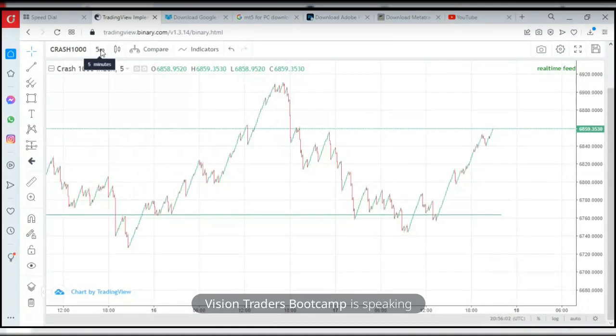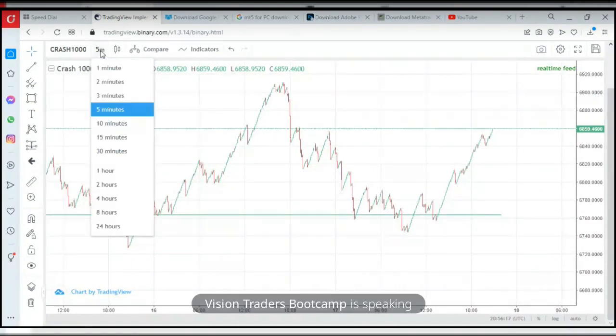So yesterday we were talking about break of structure on this Cash 1000, when we were explaining the structural points, that is the range and the structure. Let's go to the daily time frame.